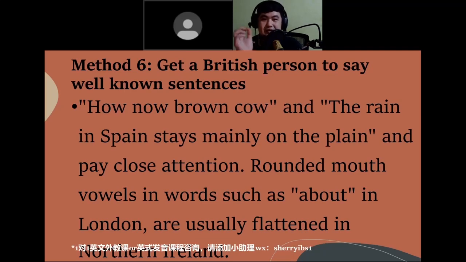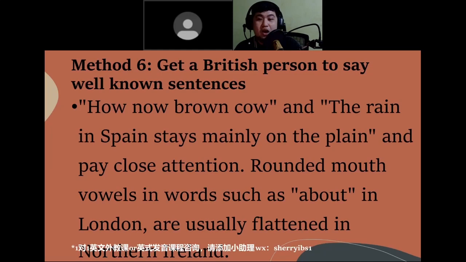Okay, see the difference. Rounded mouth vowels, cow, those are rounded. And words such as about in London are usually flattened in Northern Ireland. For example, the word about, that's how the Irish people say it.